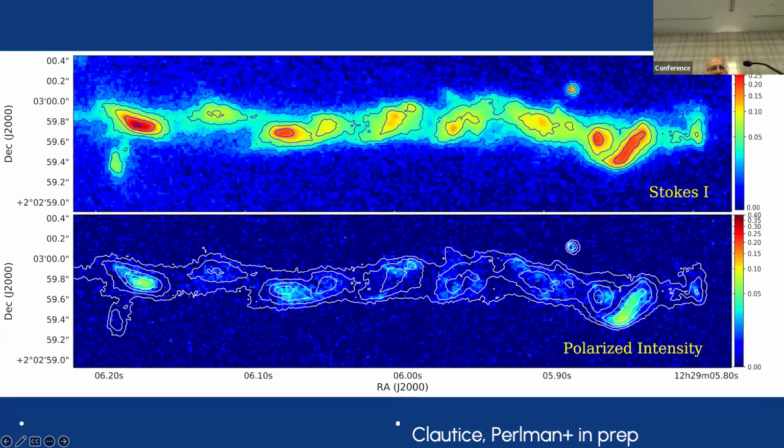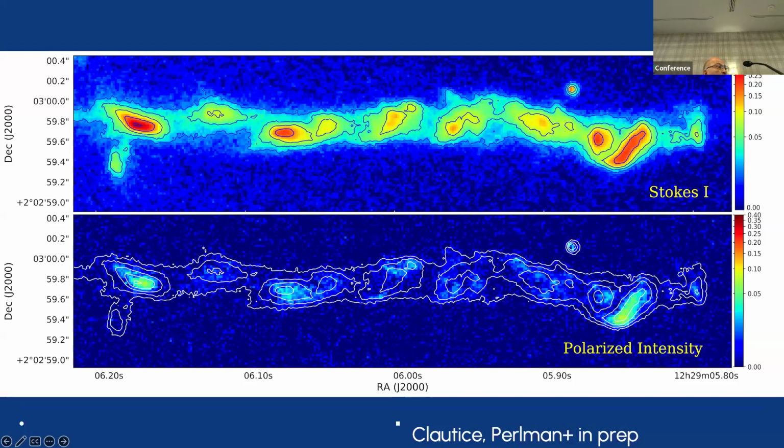On the top, you see Stokes I, so total intensity. On the bottom, you see polarized intensity. What is extremely obvious is that there are a number of parts of the jet that are very highly polarized in the optical. And this component, as you will see later, is connected to the X-rays, okay?